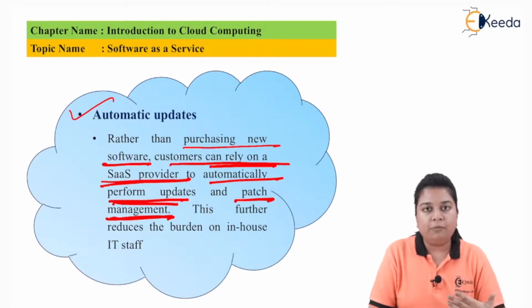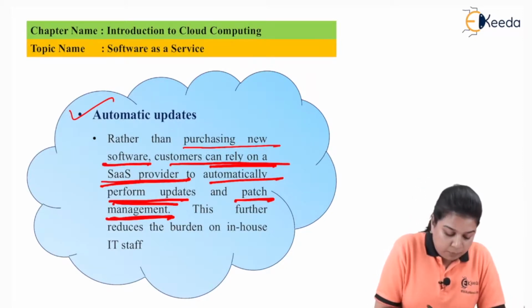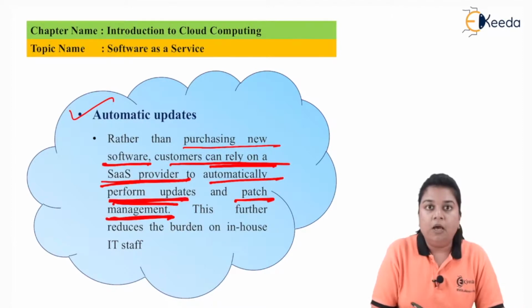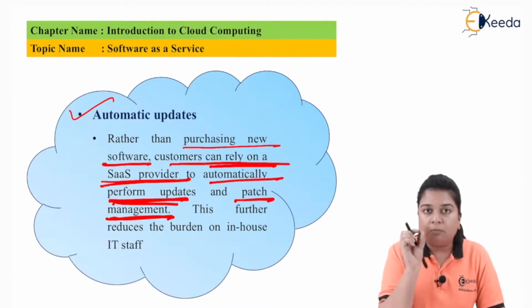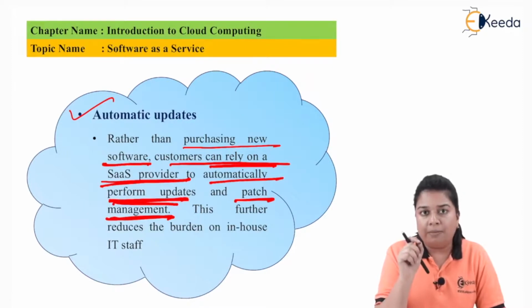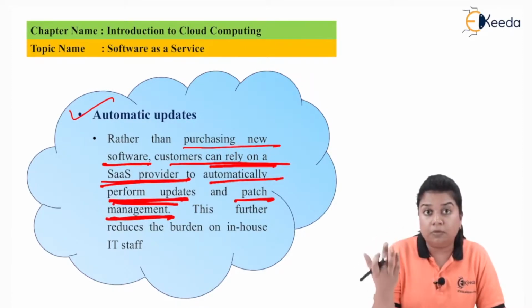For example, if I am using Google Docs, or say we take the example of WhatsApp, it performs automatic updates. With these automatic updates and patch management, some part of the application is being updated.